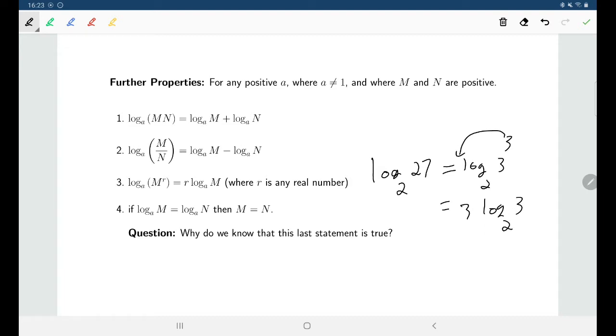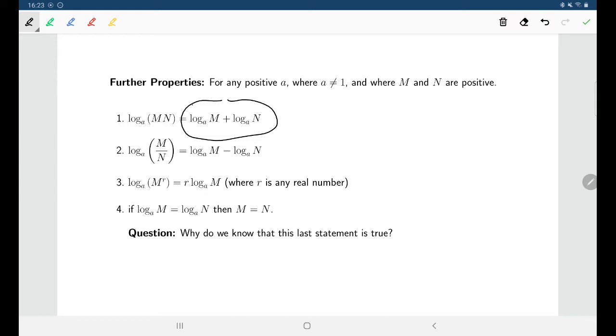Just like our properties for exponents, we can use these in either direction. Sometimes I might take two logs and combine them into one logarithm, or take one logarithm and split it into two, depending on what I need to do.